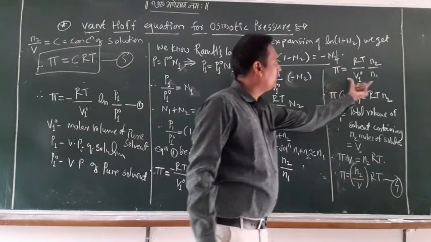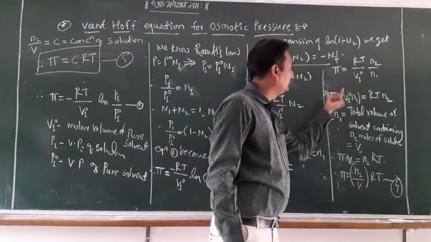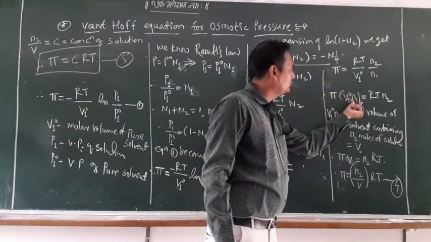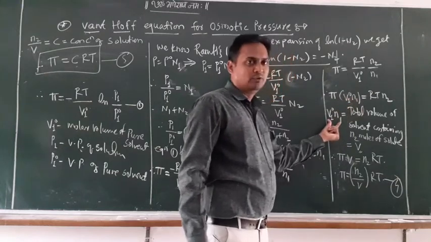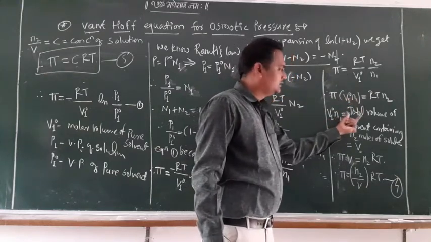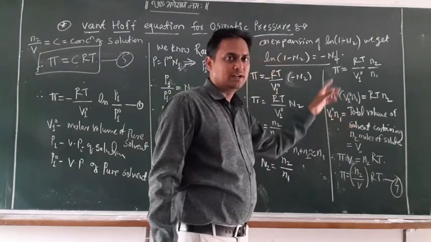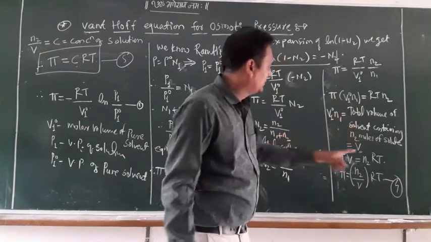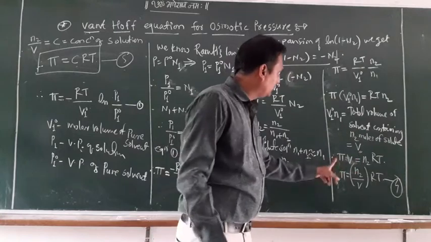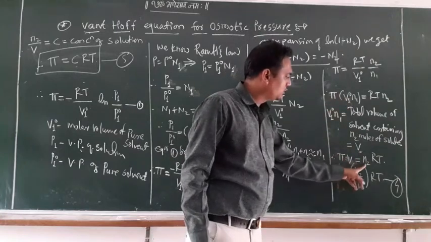Then we wrote this term to this side: pi in bracket V1 naught into n1. The multiplication of V1 naught into n1 is actually the total volume of solvent containing n2 moles, denoted by V. So we get the equation pi into V is equal to n2 RT.